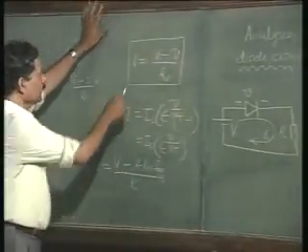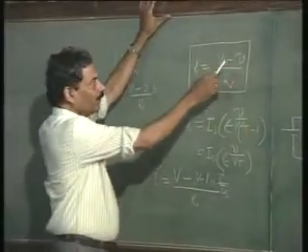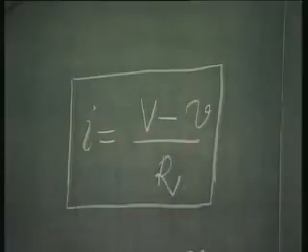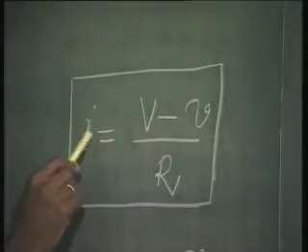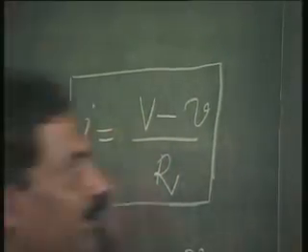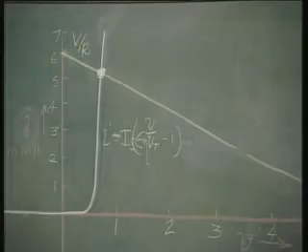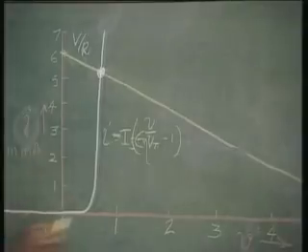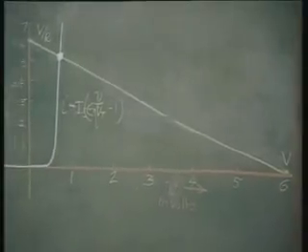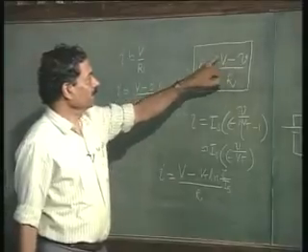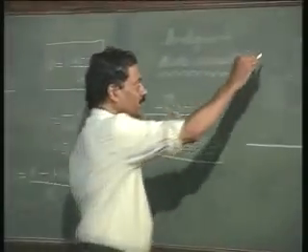This is the equation of a straight line, I as a function of V, with the slope equal to minus 1 over R. You can see that for V equal to 0, the value of I is V by R. So, this is the value of V by R, and this is the value of V where I is 0, that is V equal to capital V. So, these are the 2 points through which this line goes.